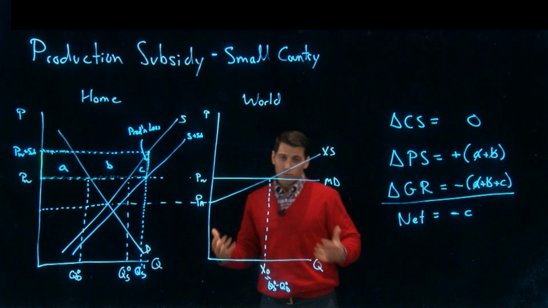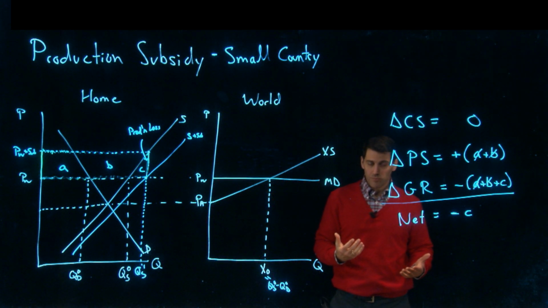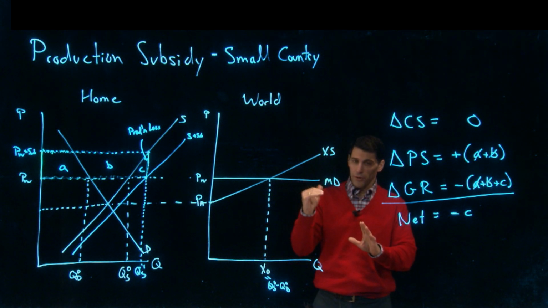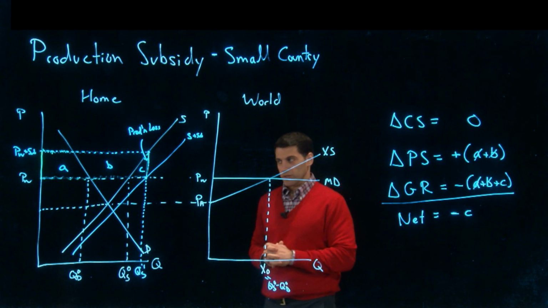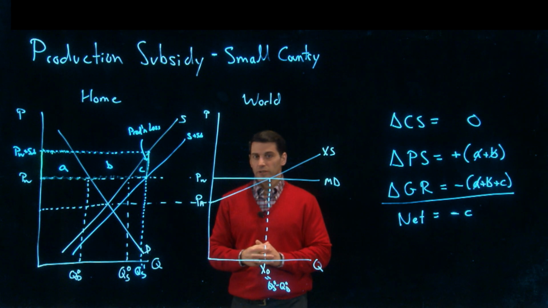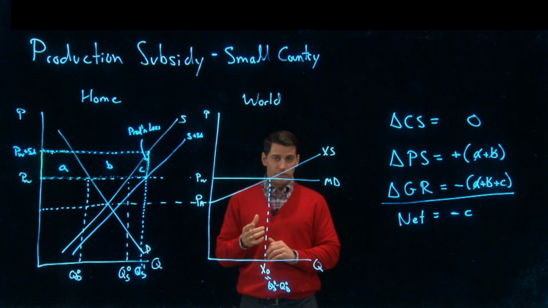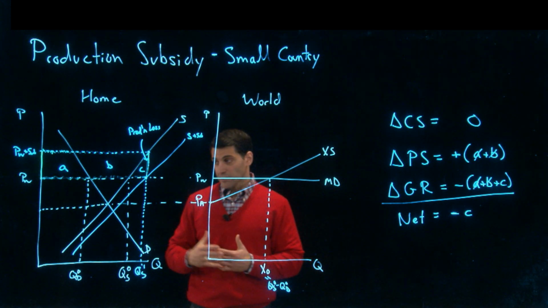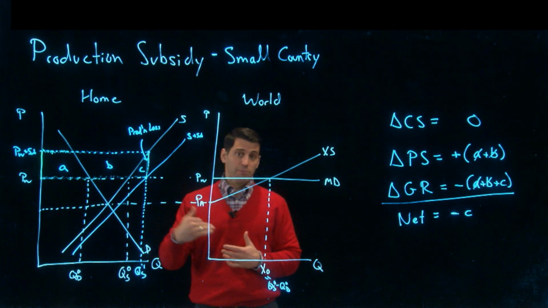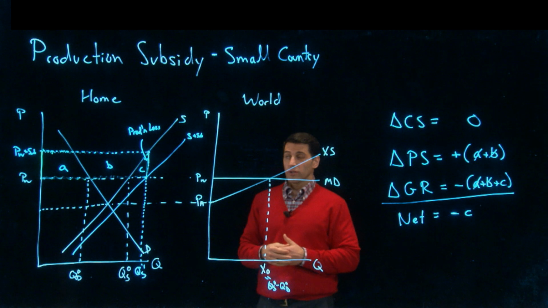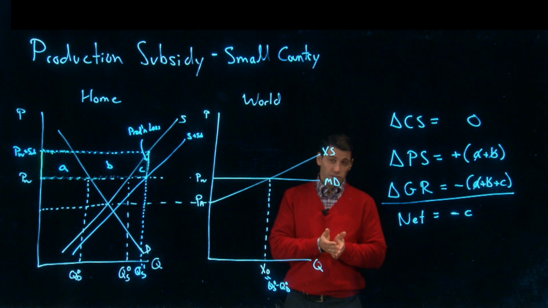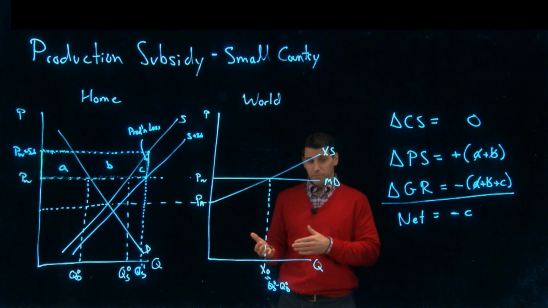So in terms of a direct comparison, if you had an equivalent sized subsidy, comparing a production subsidy to an export subsidy, the export subsidy is worse. It's creating more distortion by affecting both domestic consumption and production. So in terms of welfare loss, the general production subsidy is actually a better bet.